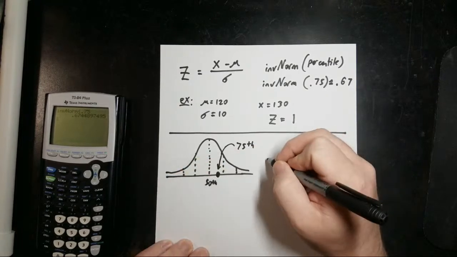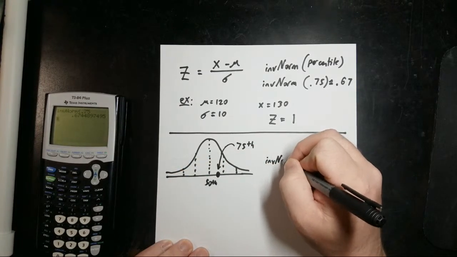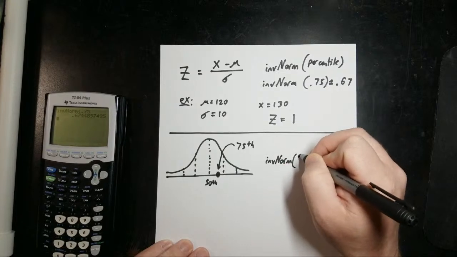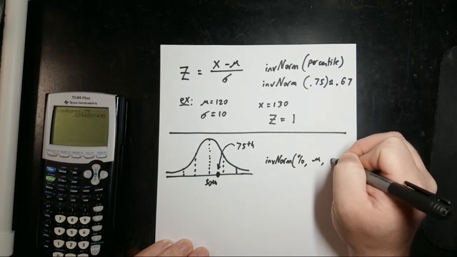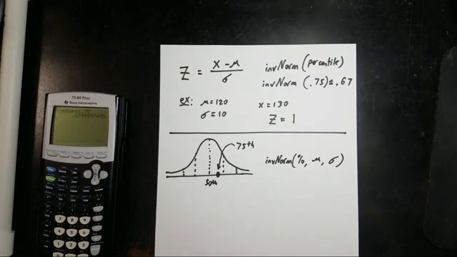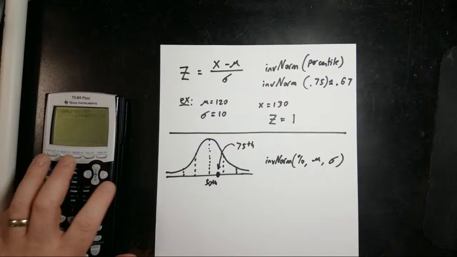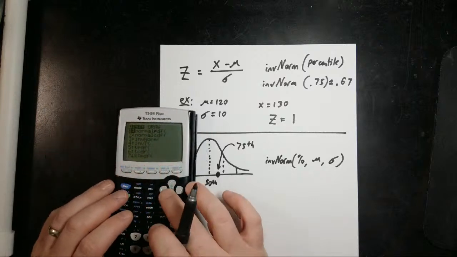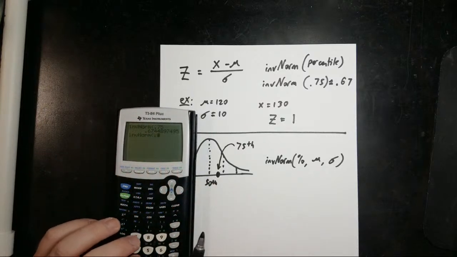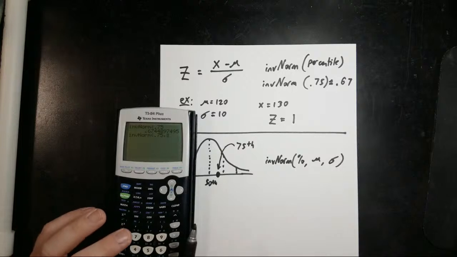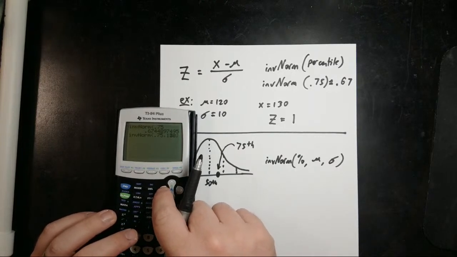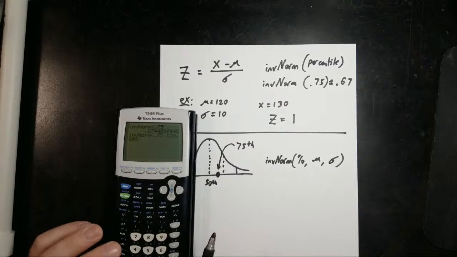Now, just for the sake of argument, with inverse norm percentile, mu, sigma, if you were to also type in those values, I'll show that right here: inverse norm 0.75 comma, mu is 120, 120 comma 10.